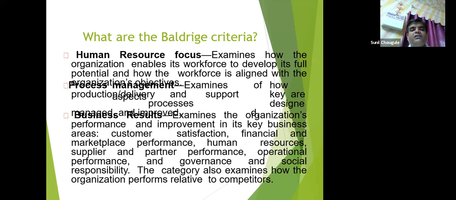Key business areas are customer satisfaction, financial and marketplace performance, human resources, supplier and partner performance, operational performance, and governance and social responsibility. The category also examines how the organization performs relative to competitors.